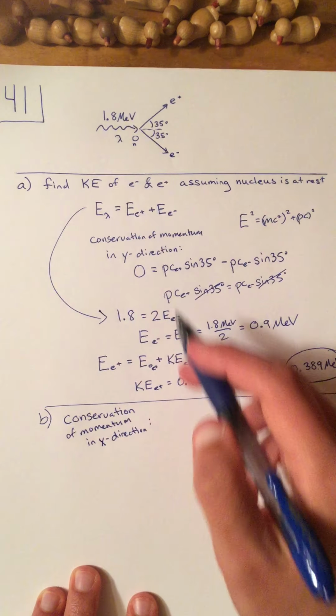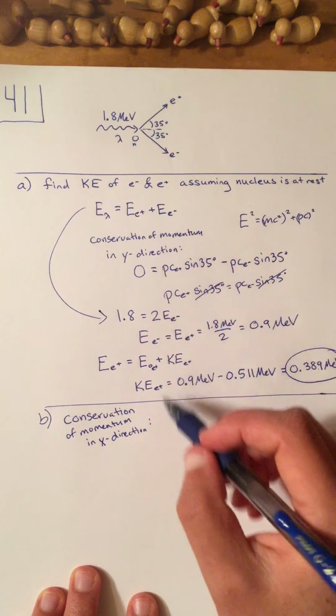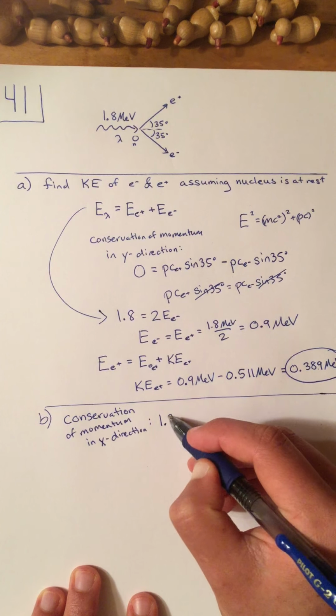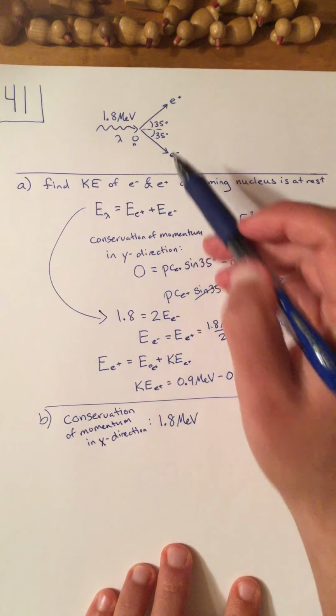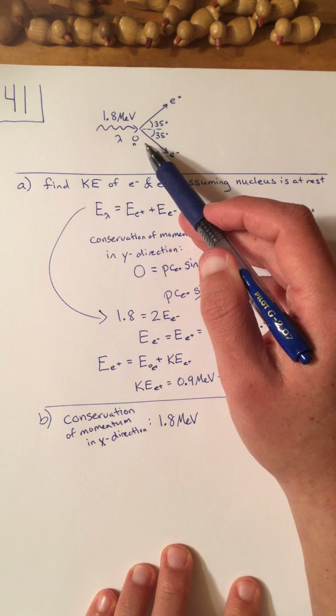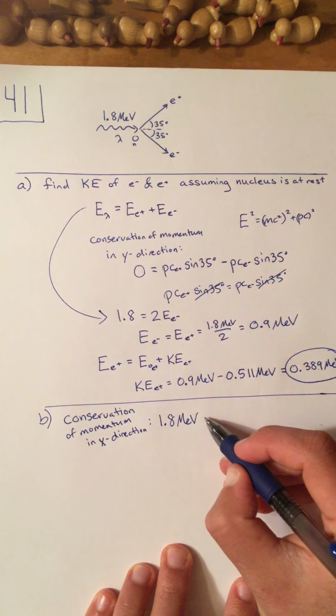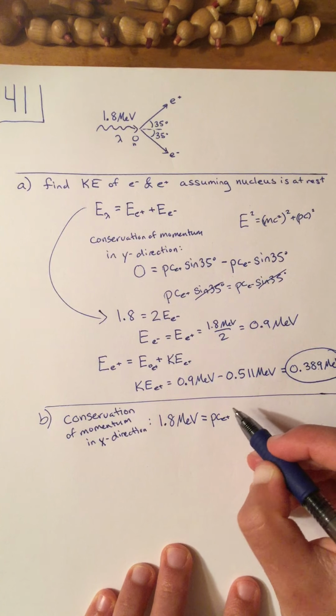So initially we have the photon moving in the x direction, and the momentum of the photon is the same as the energy of the photon, so that's 1.8 mega electron volts. Now afterwards, we have an electron and a positron and a nucleus all going in the x direction. So this is PC for the positron, but this is only the x component.